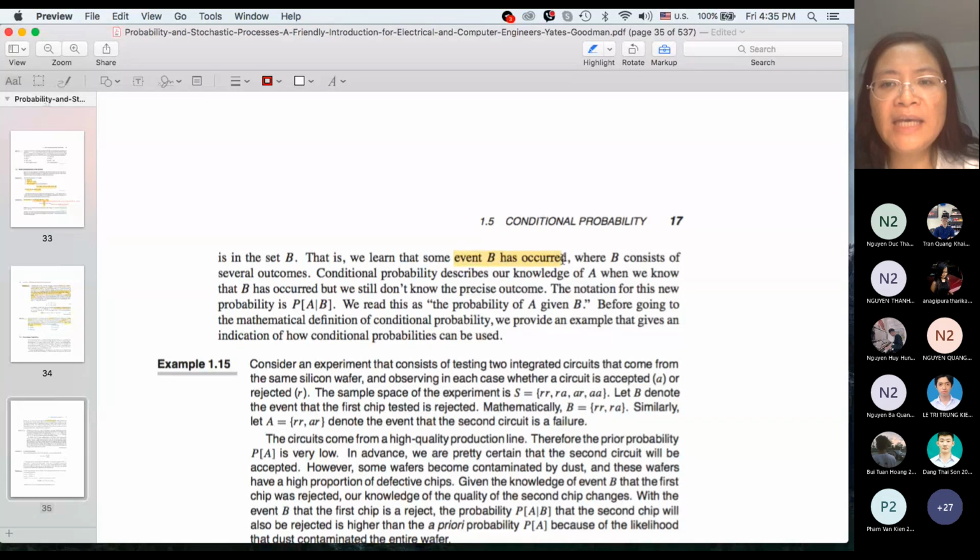When event B occurs, and B consists of several outcomes, the conditional probability describes our knowledge of A when we know that B has occurred, but we still don't know the precise outcomes. So the notation for this new probability is the probability of A given B.